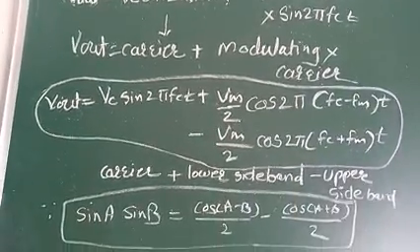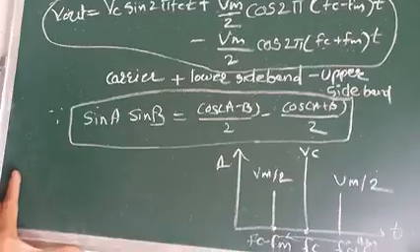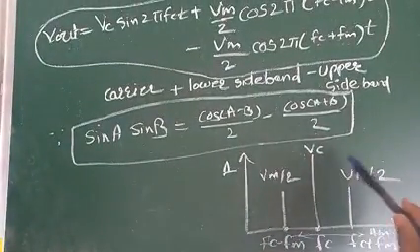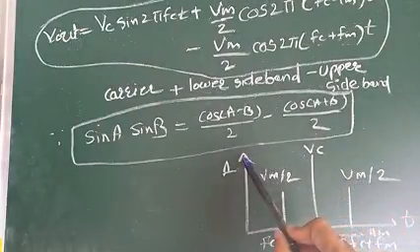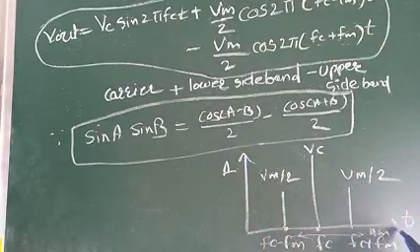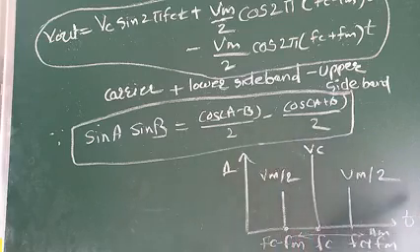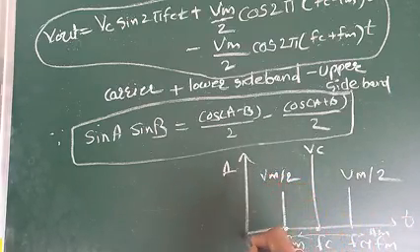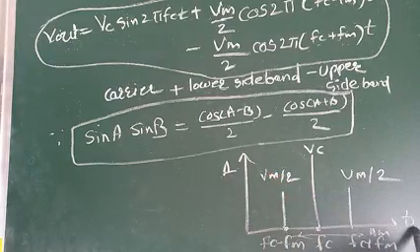By using a figure, it can be written like this. This is the graphical presentation of the frequency spectrum or side bands in an amplitude modulated wave. Here on the y-axis we plotted amplitude, and on the x-axis frequency is plotted.